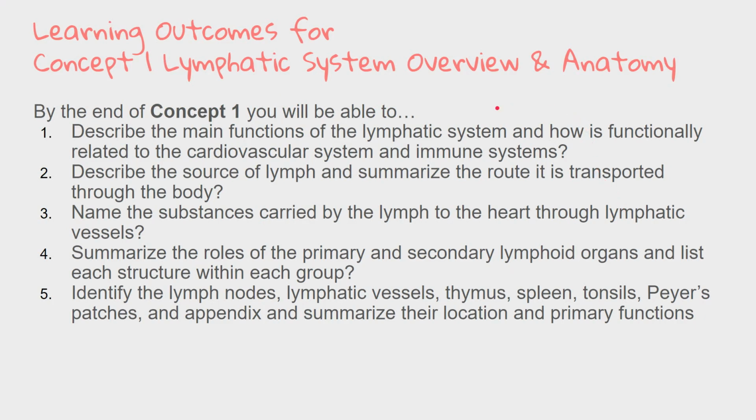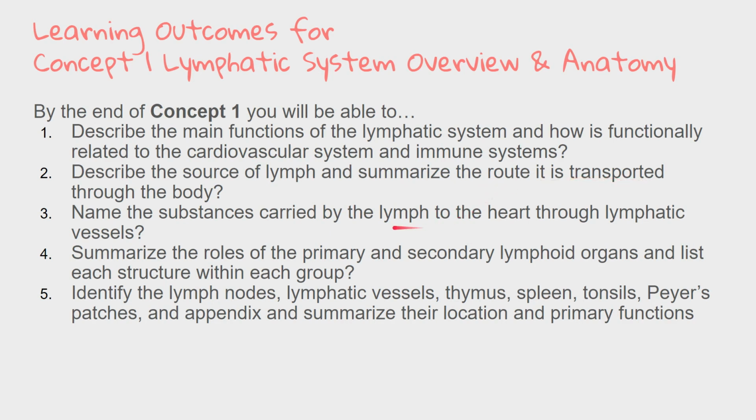So by the end of this concept, we're going to have some foundation laid for this course and for what we are going to learn about immunity. So we're going to take a look at the lymphatic system and how it's functionally related to some of the other systems in the body. We're going to discover what lymph is, and we're going to be able to talk about how it's transported through the body.